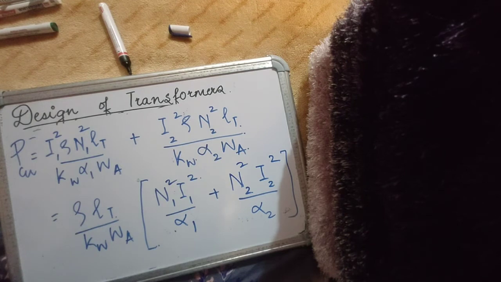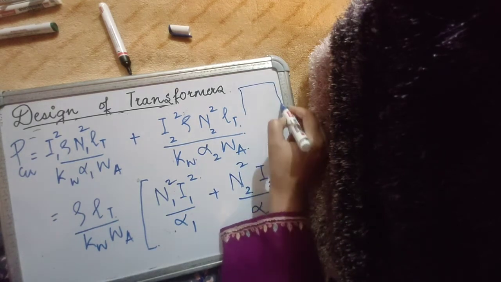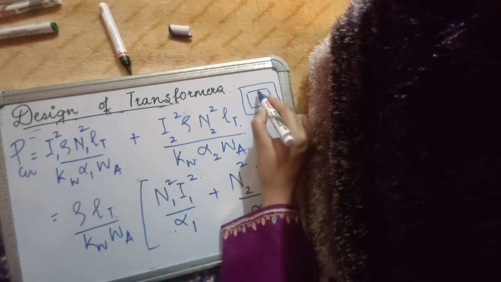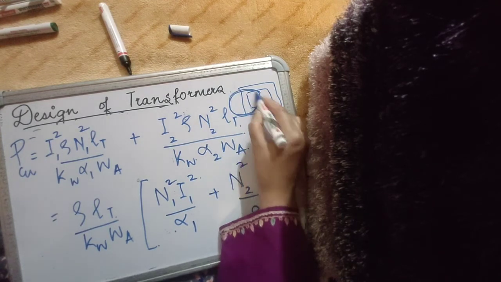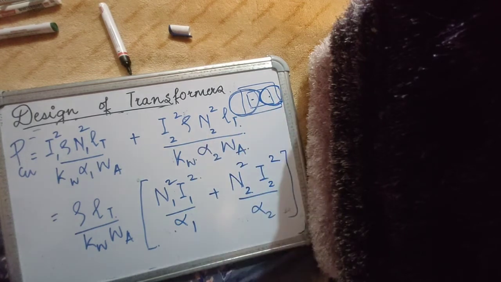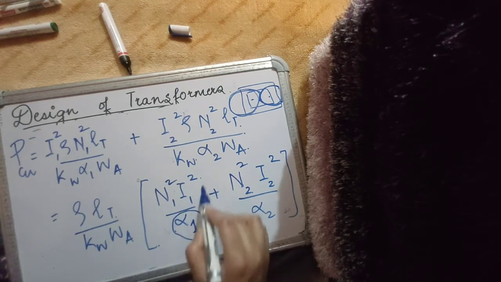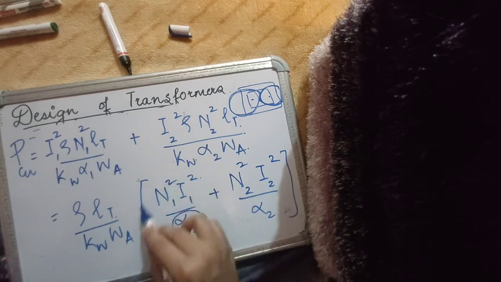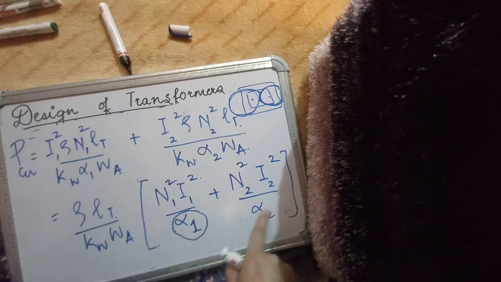What I mean to say is that when you have a rectangular core and you have to allocate that this much area is for winding 1 and this much area is for winding 2, how do you distribute this area? You distribute it on the basis of the copper losses. So if I choose a very small alpha 1, then the copper loss will be very high in winding 1, and automatically alpha 2 will become large, so the copper loss in the secondary winding will reduce.